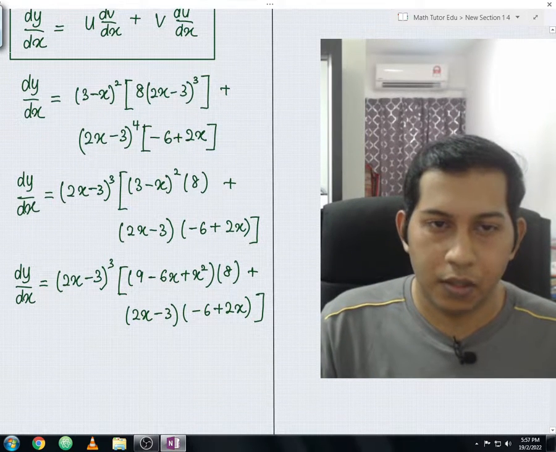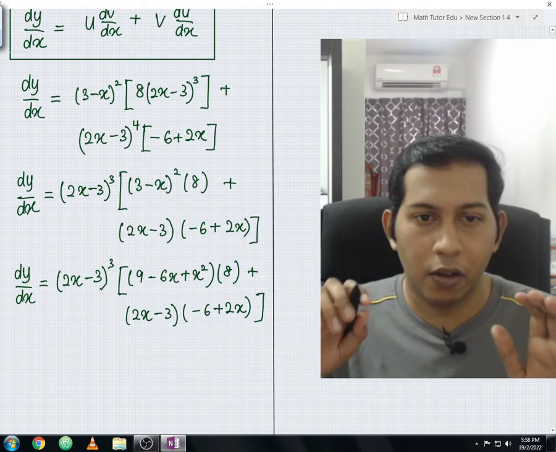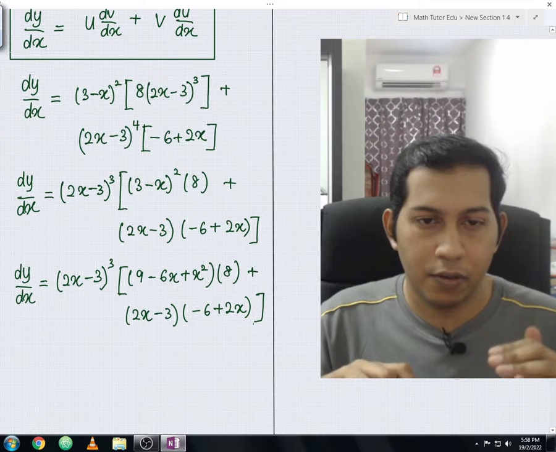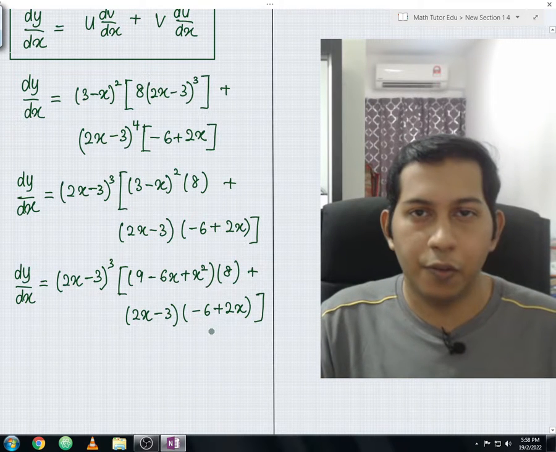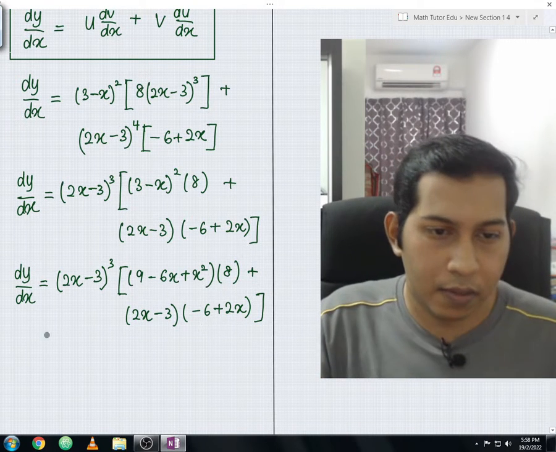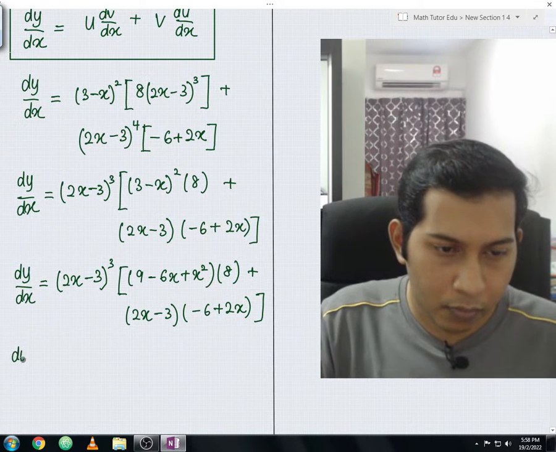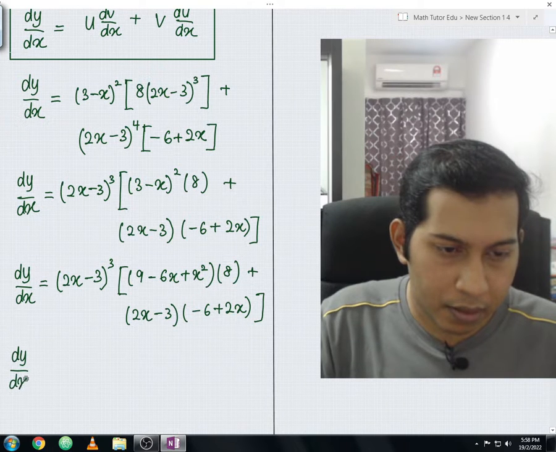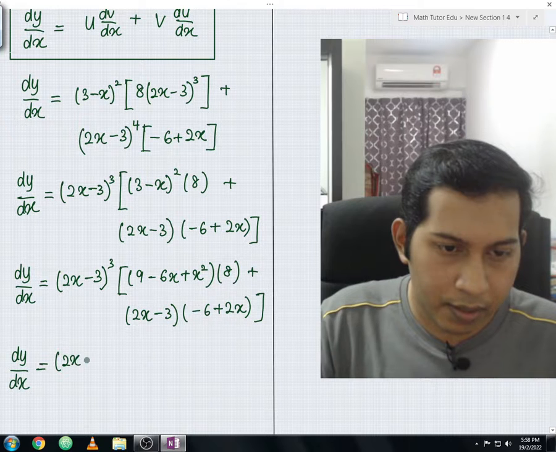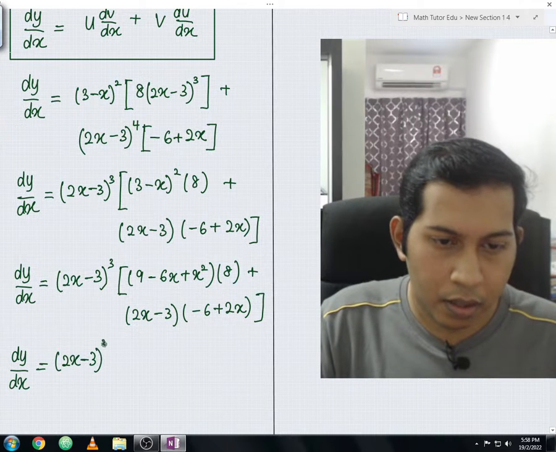So let us perform the expansion for this expression and this expression simultaneously. When you encounter a hard question like this, don't panic, do it one by one. When you do it one by one, it is good for you so that you can prevent making mistakes. So from here, dy over dx will be equal to 2x minus 3 cube.